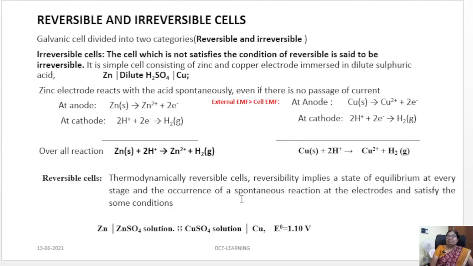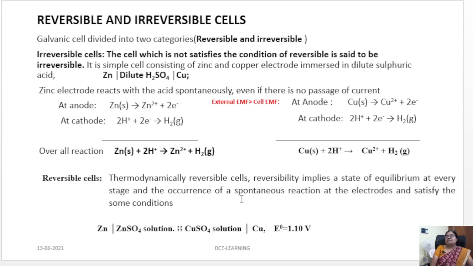Reversible and irreversible cells. Galvanic cells are divided into two categories: reversible and irreversible cells. Irreversible cells are those which cannot be reversed, that is, a cell which does not satisfy the condition of reversibility is said to be an irreversible cell.